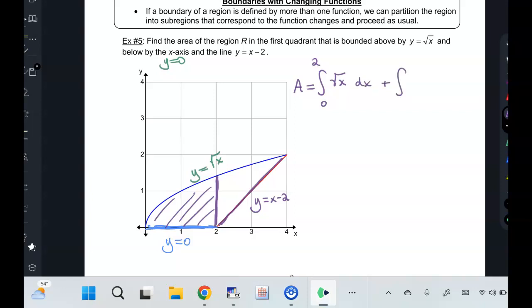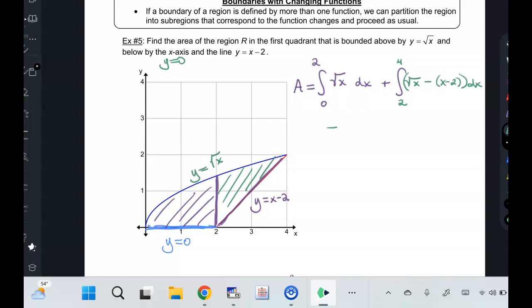Now we look at this region, so that's going to go from 2 to 4 of the square root of x minus the x minus 2. Again, you can distribute the negative. It's okay if you just set it up like that. Are we okay with that?